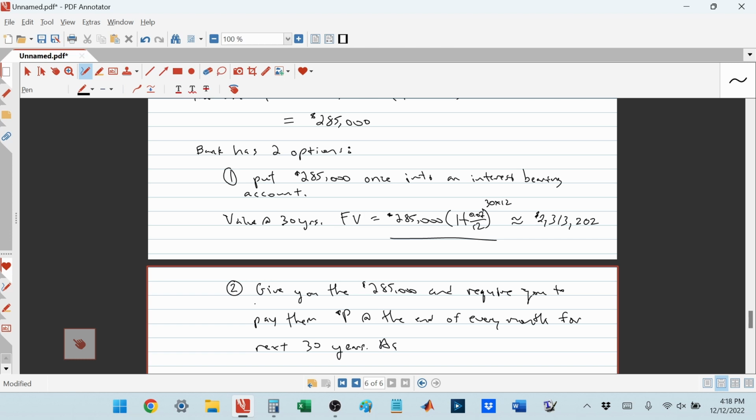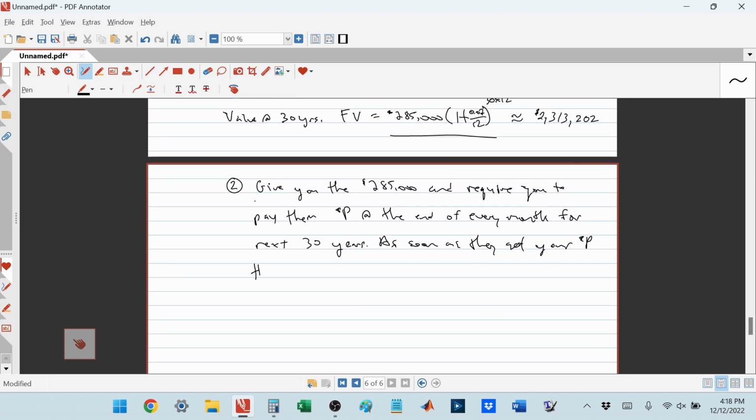The key thing is, as soon as they get your P dollars, they put it into that interest-bearing account.